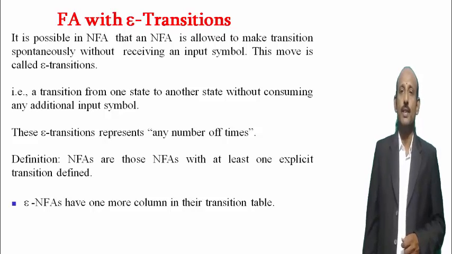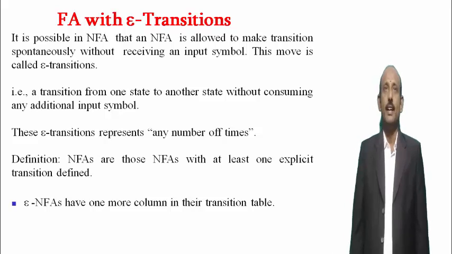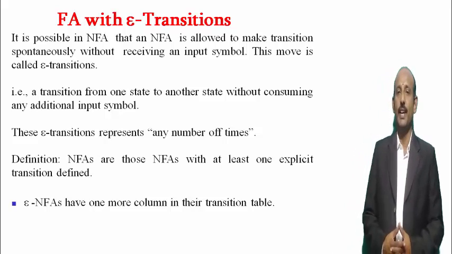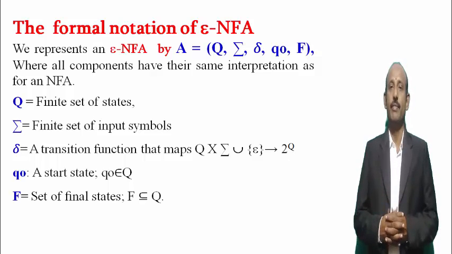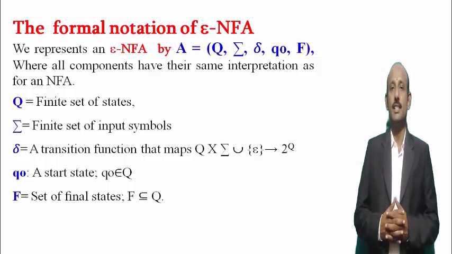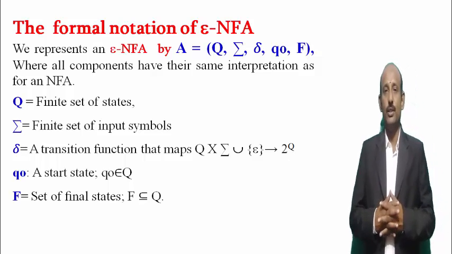Now let's see the example of this finite automata. Before we enter into that, how can we define the epsilon NFA? The formal definition of epsilon NFA is similar to NFA.